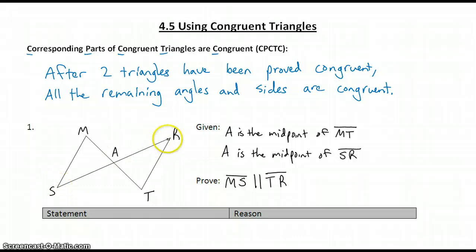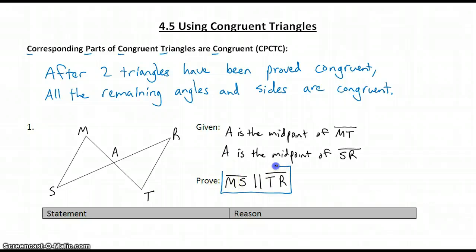If we look at this drawing, angle M and angle T are alternate interior angles, as are angle S and angle R. If we can prove that angle M is congruent to angle T, or angle S is congruent to angle R, then by the alternate interior angles converse, these two lines will be parallel.